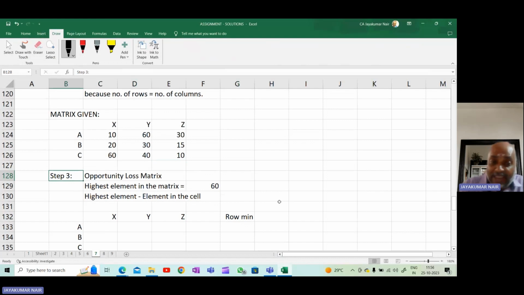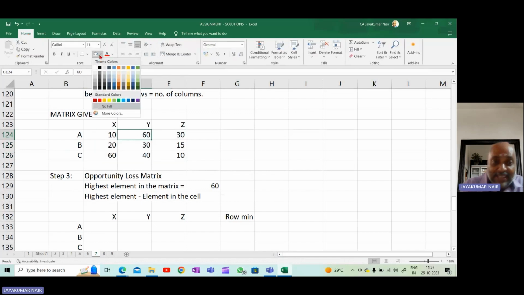Now, how do we create the opportunity loss matrix? In the matrix given to you, see which is the highest value. The highest value is 60. So the highest element in the matrix is 60.